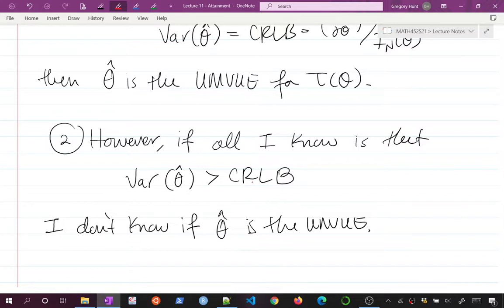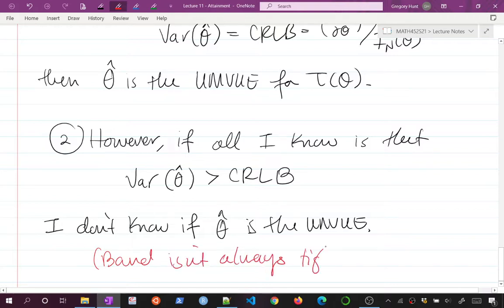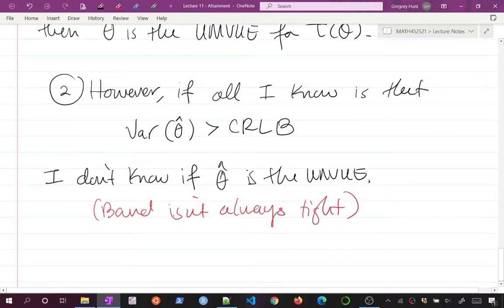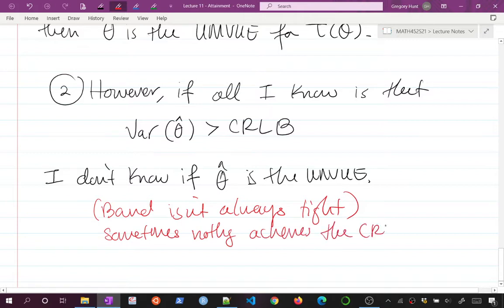So this bound is not tight. The bound isn't always tight. By that, I mean sometimes nothing ever achieves the Cramer-Rao lower bound.